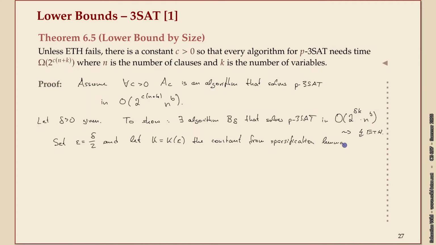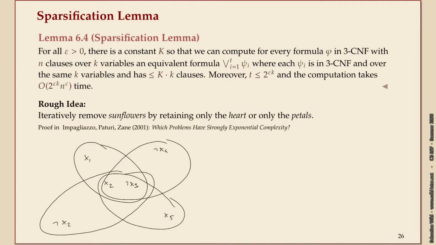Now the sparsification lemma gives us what? It tells us we can rewrite our given 3-SAT formula in this specific way as a disjunction with all the properties here. Maybe so that I don't have to go back all the time, let me copy that part.